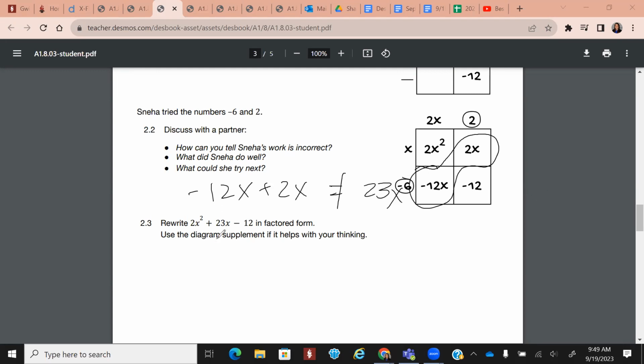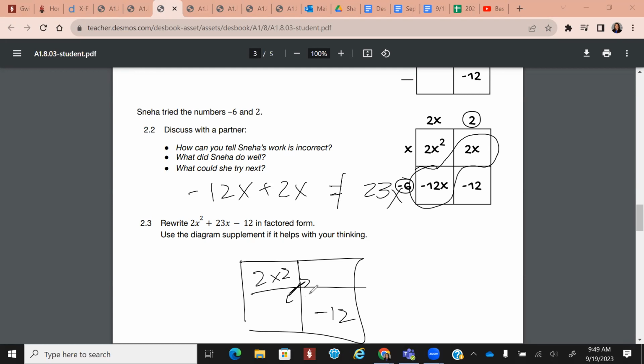Okay. Rewrite this in factored form. So this first term is going to go in the first box. Last term is going to go in that last box. And you need this diagonal to add up to equal 23. Okay. So what times what would give me 2x squared? Okay, 12 and negative 1.